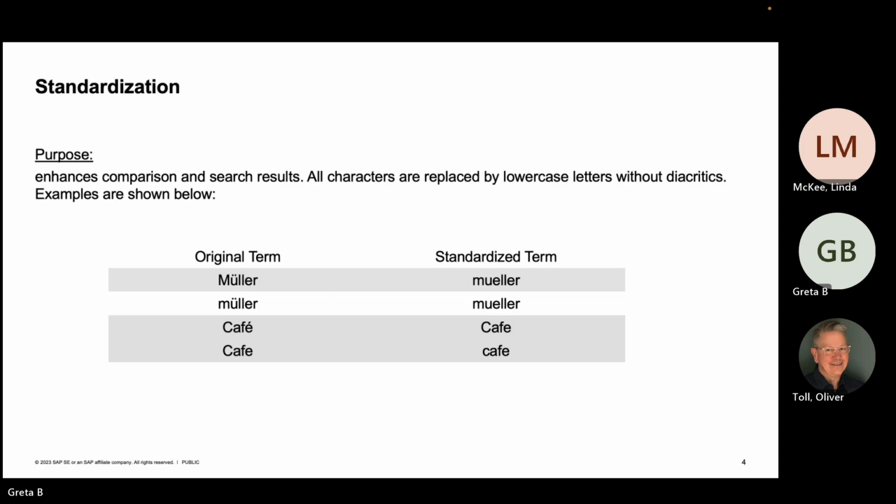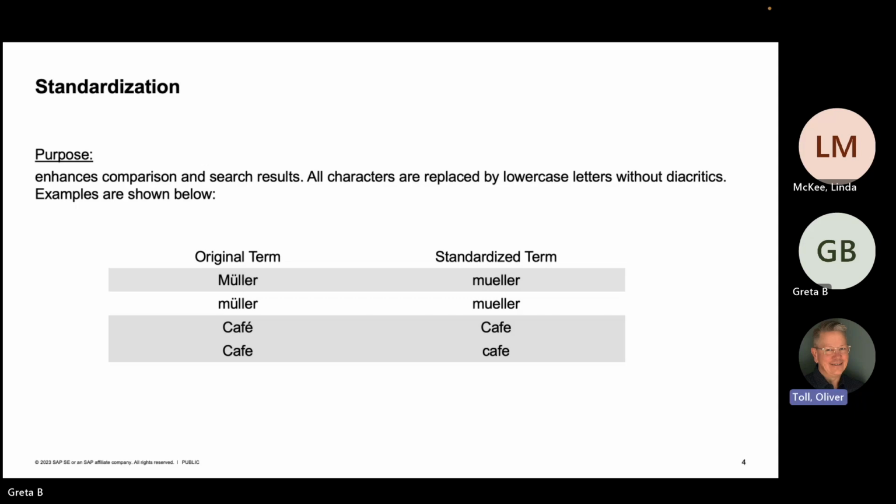Talking about standardization, I want to make you aware that standardization means that prior to the fuzzy comparison execution, all characters are replaced by lowercase characters, and diacritics are converted into standard letters.